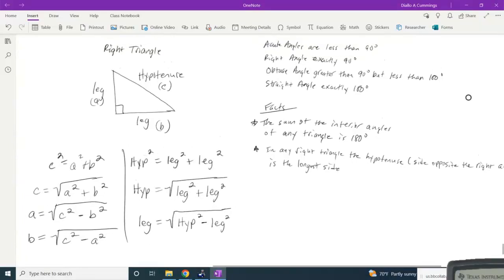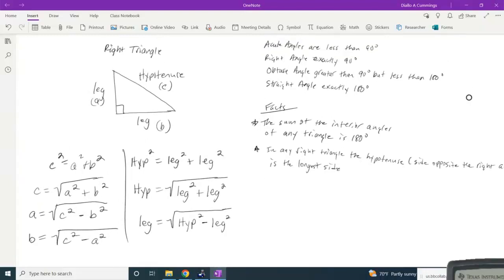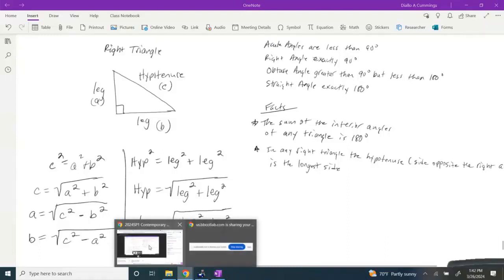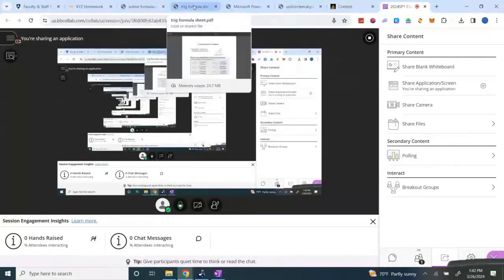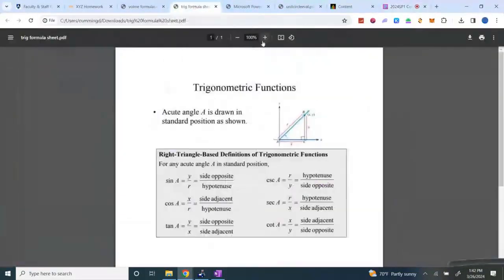Now I passed out this sheet, I'll pull it up here. Okay, you should have this sheet. On this sheet we have what are called the trigonometric functions.